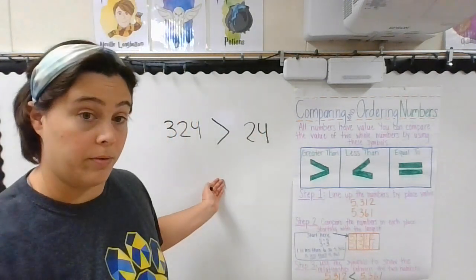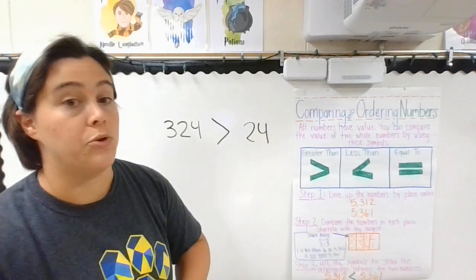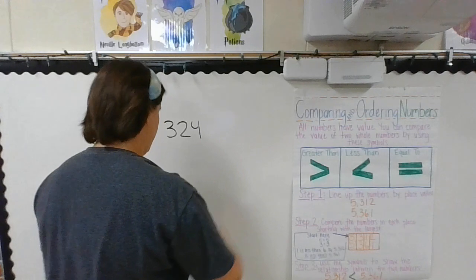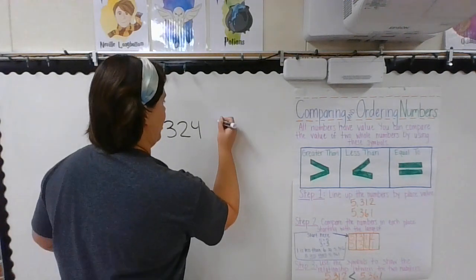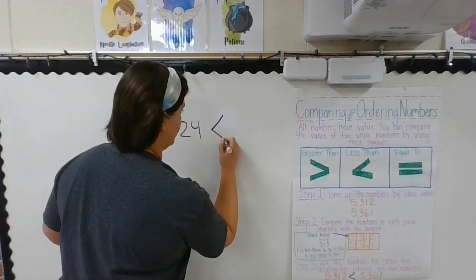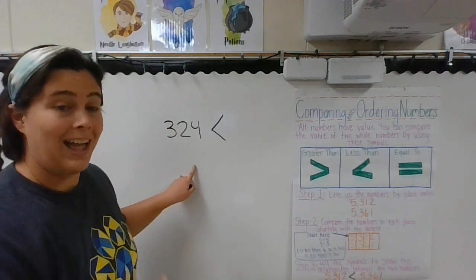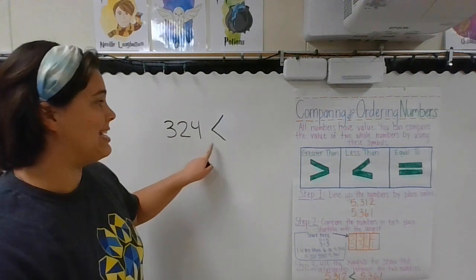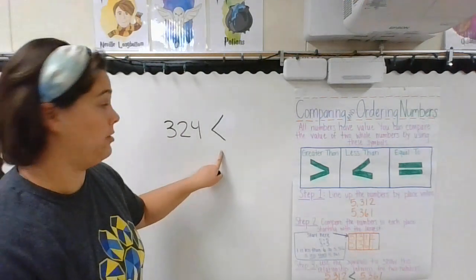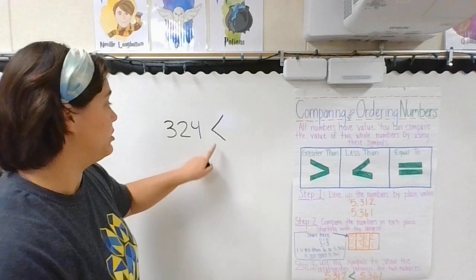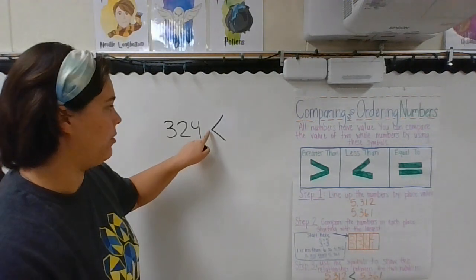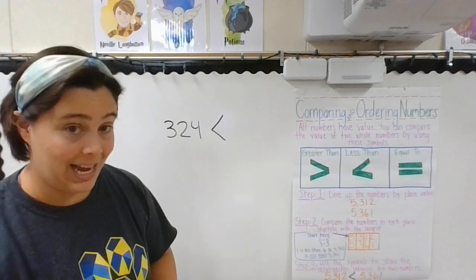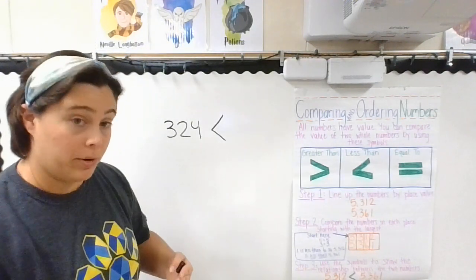This statement is true. Now, if I were to change the symbol, and I'm having the symbol being pointed towards our number, now it is saying 324 is less than whatever it may be. So this symbol, when the arrow, the pointed end, is pointing towards a number, that means it is less. So it's really important.